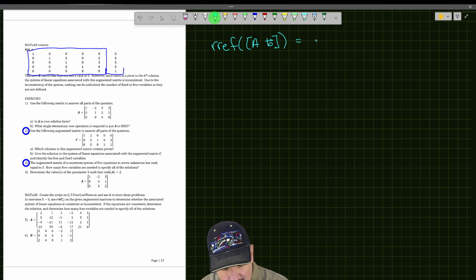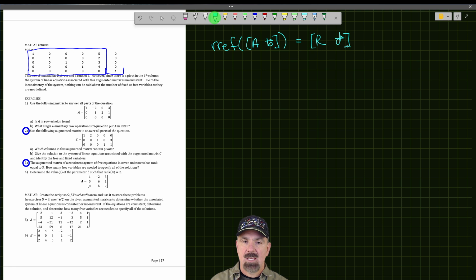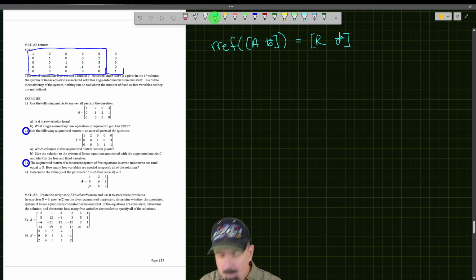It's giving us the RREF for A, which Strang would call R, and then it's giving us the RREF for the vector as well, which is really giving us information about the solution. So we can use this front part of the RREF of the augmented matrix to have the conversations about what's happening with A, and what we can see here is what we've talked about previously.